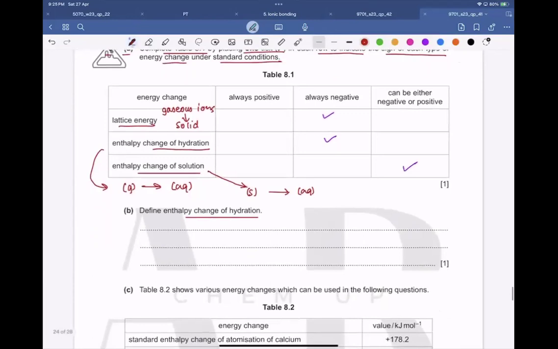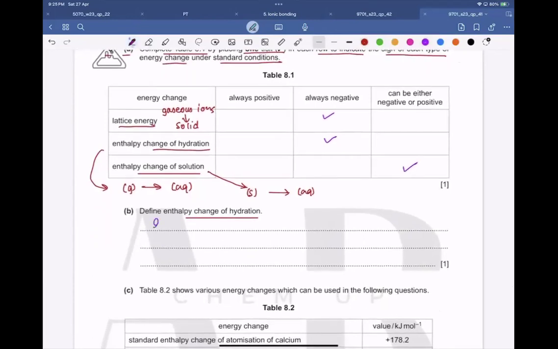So we can write that it is the energy change when 1 mole of gaseous ions dissolve in water to form a very dilute solution.